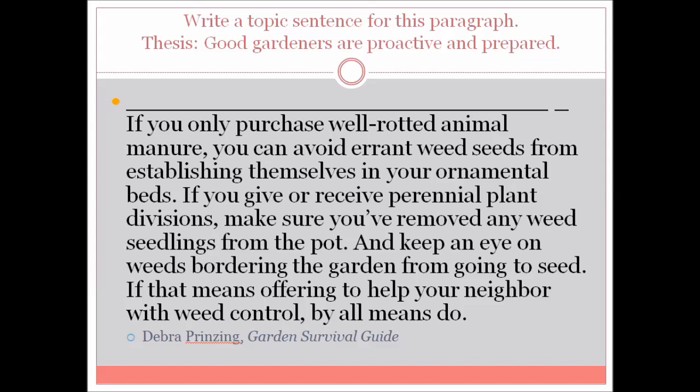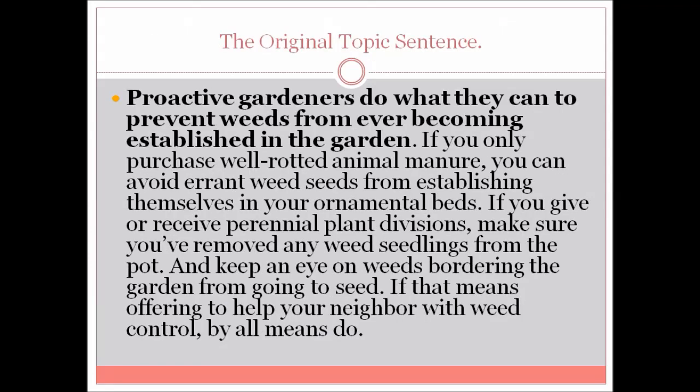All right, I'm going to show you the original. Now realize that topic sentences are going to vary from writer to writer. So here is one option. This is what the original author wrote. But if your topic sentence has something to do with being proactive in preventing weeds, then you are doing good.